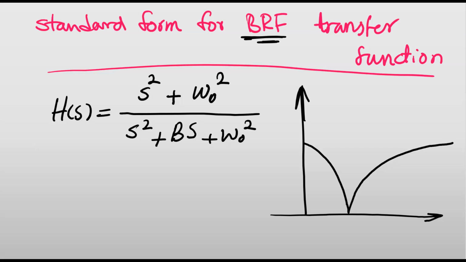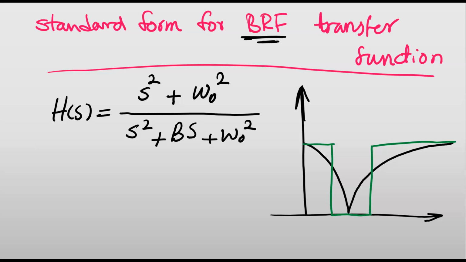So we can say this is something that we can estimate by a band reject filter because it has similar characteristics, but it's not going to be a sharp transition from pass band to reject band and vice versa. So this is the transfer function that we can say refers to a band reject filter.